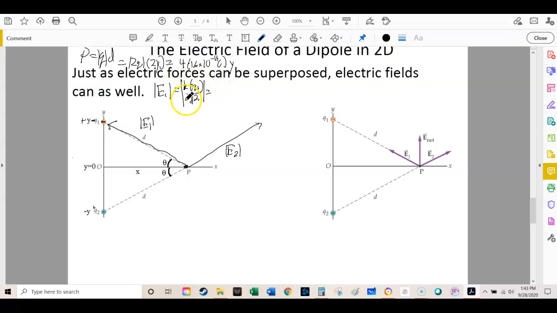So E1 is just K Q1 over d squared. The magnitude of E2 is K times the absolute value of Q2 over d. Point P is a distance d away from Q2, which is causing this electric field up and away. So that is K Q2 over d squared, right?